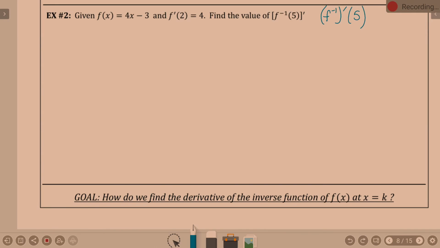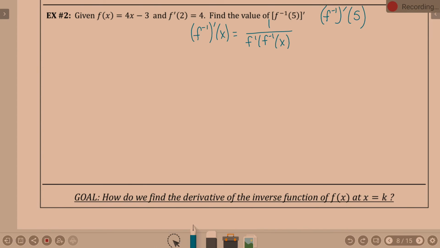Before we can do that, if we use our formula from the previous problem, (f inverse)' of x is equal to 1 over f prime of f inverse of x.